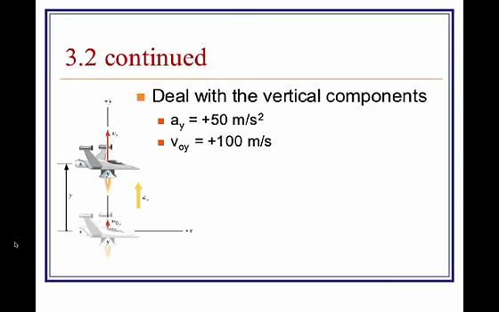The spaceship is accelerating for a total of 3 seconds. Use this information and your kinematics equations for the y direction to solve for the final velocity in the y direction and the final position in the y direction.